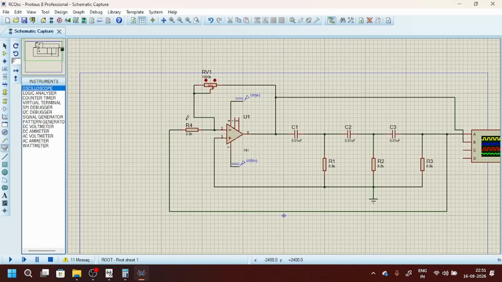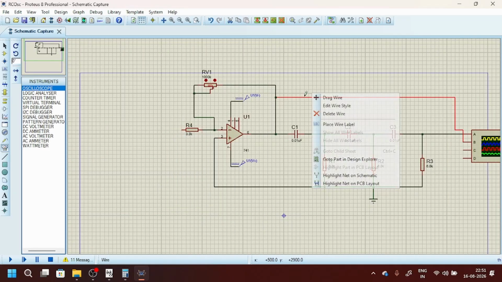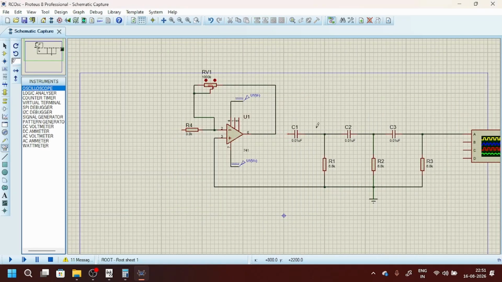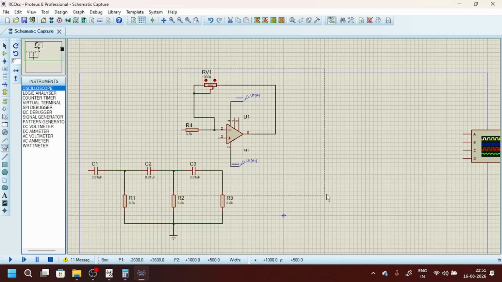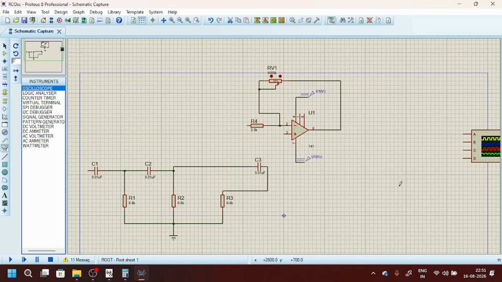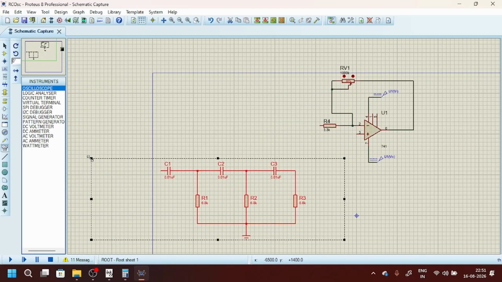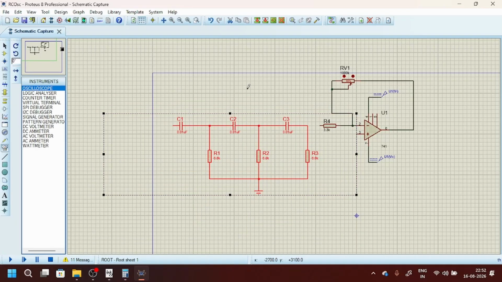So better, what I will do is simply disconnect all this, even this one also. I will take this section and move it to the back of the circuit like this. So this will be much easier to understand.